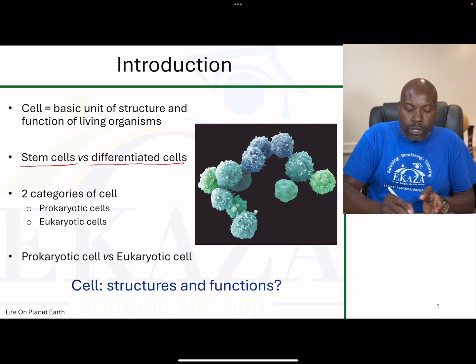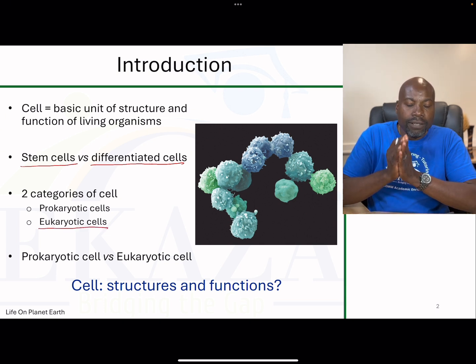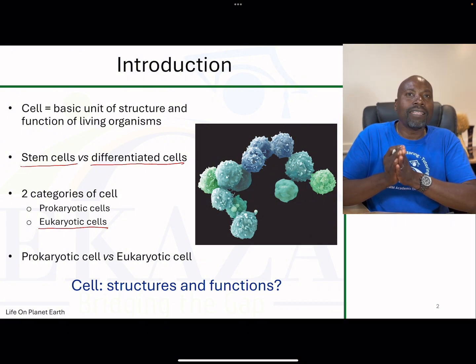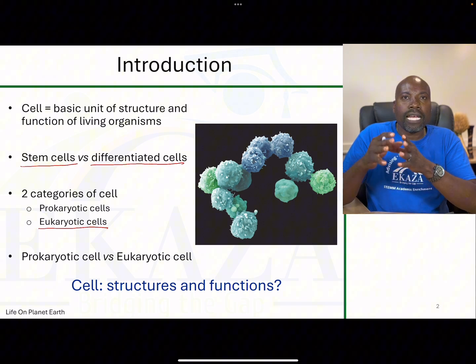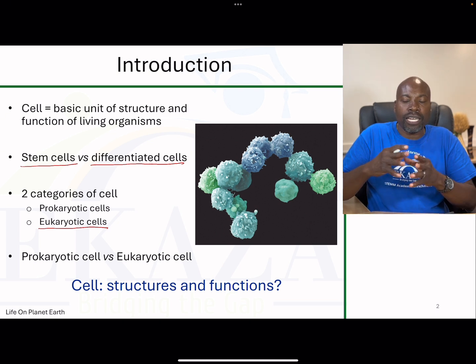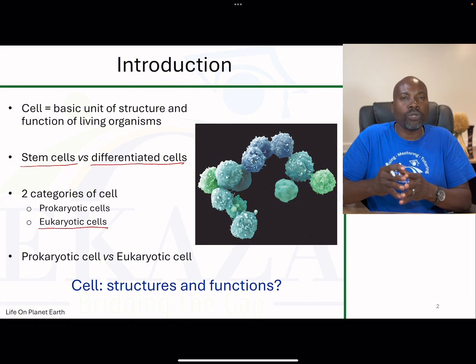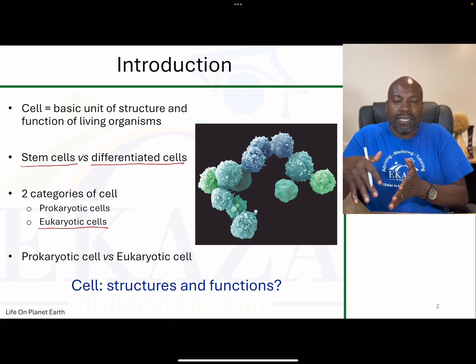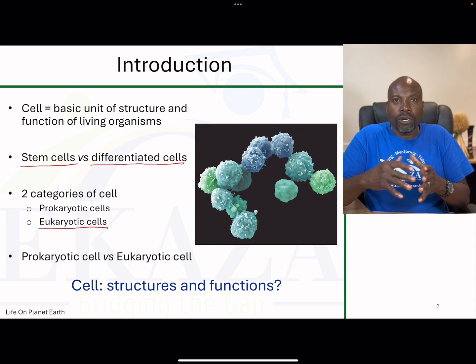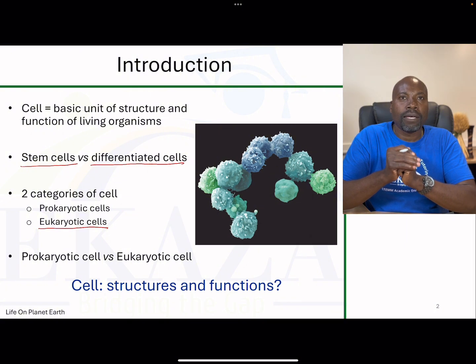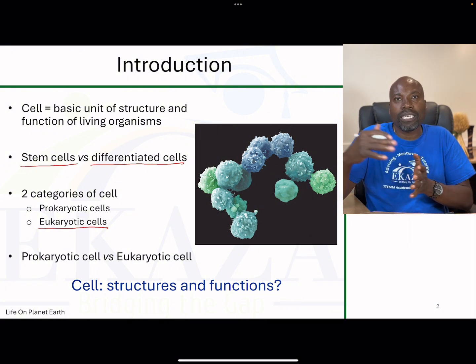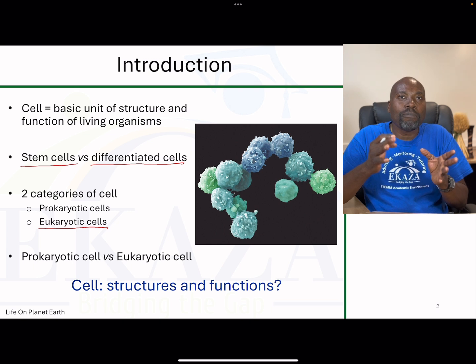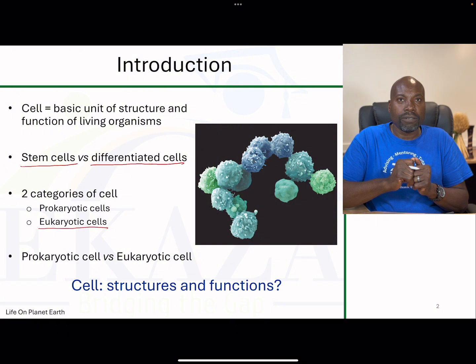Then we have eukaryotes. Eukaryotic cells are the cells that are very complex. Complex in the sense that they are going to have not only their DNA, the genetic information, enclosed in an envelope. The whole structure is called the nucleus. In addition, within the limit of the plasma membrane, which sets the limit between the inside and the outside of the cell, we're going to have many sacs, many organelles, specifically membrane-bound organelles, right?